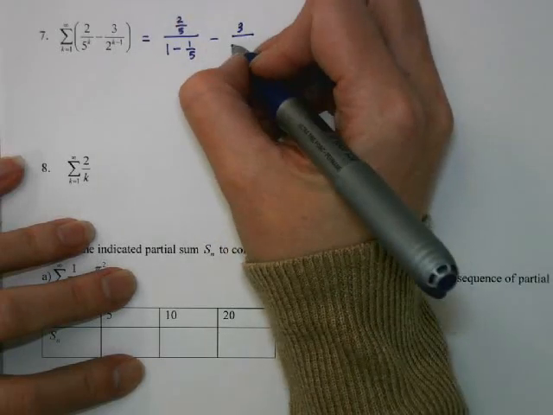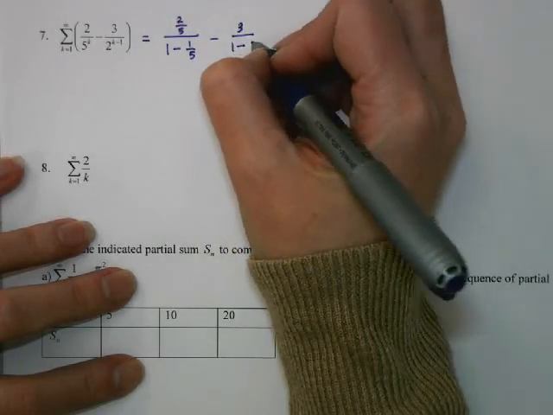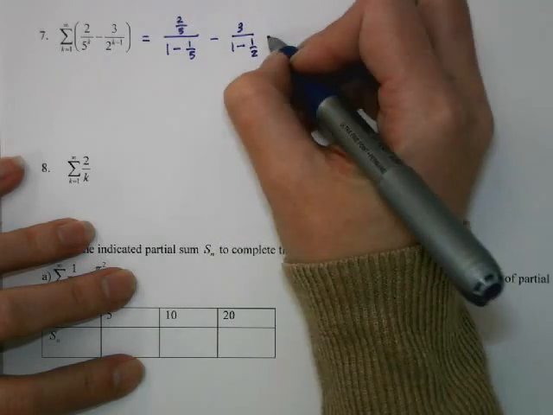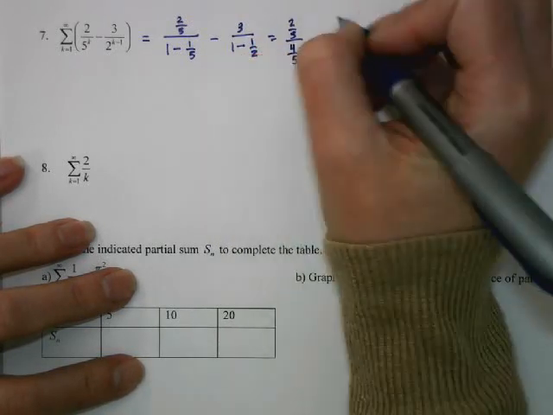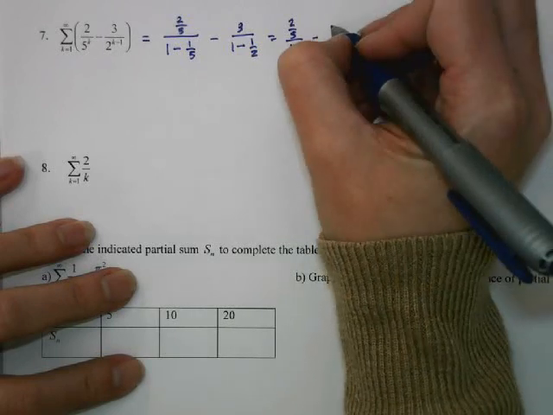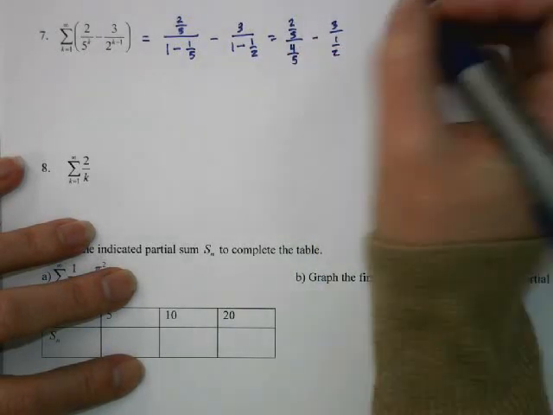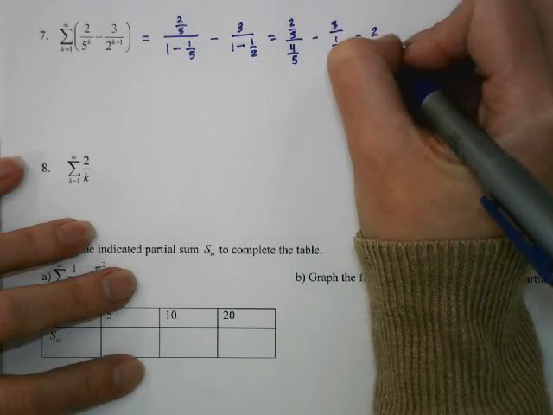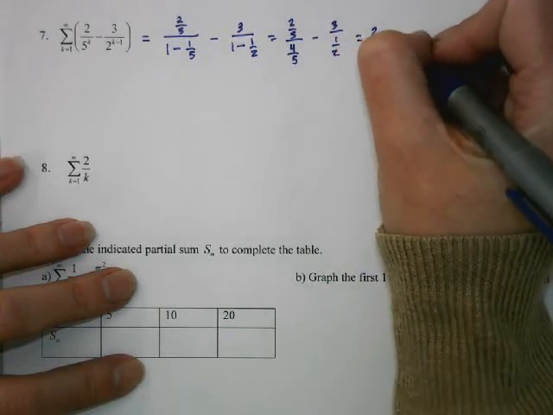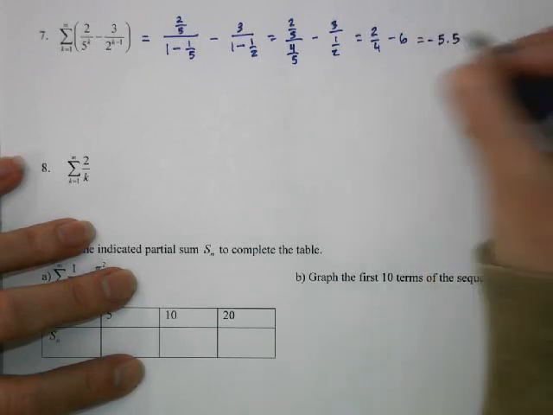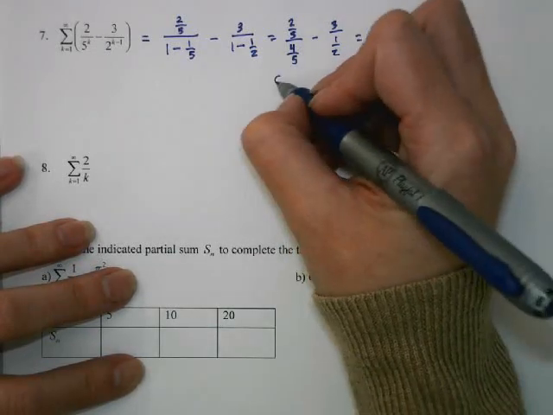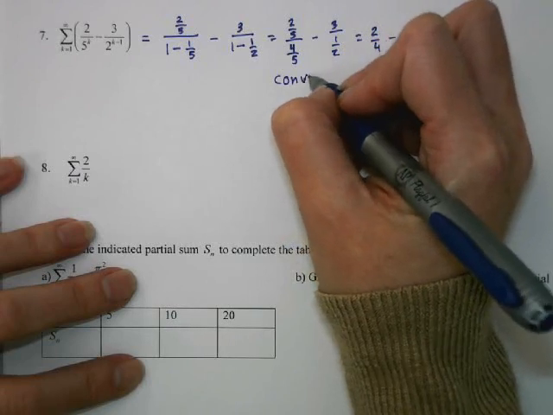So 3 over 1 minus our common ratio, which is going to be 1/2. So we're going to have 2/5 over 4/5 minus 3 over 1/2. So 2/4 minus 6. So we're going to get a -5.5. But we just have an infinite geometric plus an infinite geometric, so this is convergent.